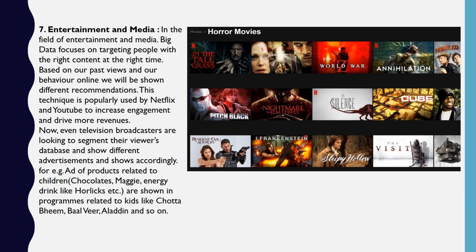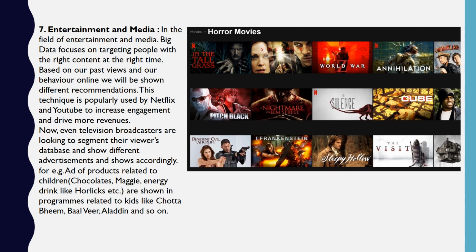In the field of entertainment and media, big data focuses on targeting people with the right content at the right time. Based on our past views and our behavior online, we will be shown different recommendations. This technique is popularly used by Netflix and YouTube to increase engagement and drive more revenues.